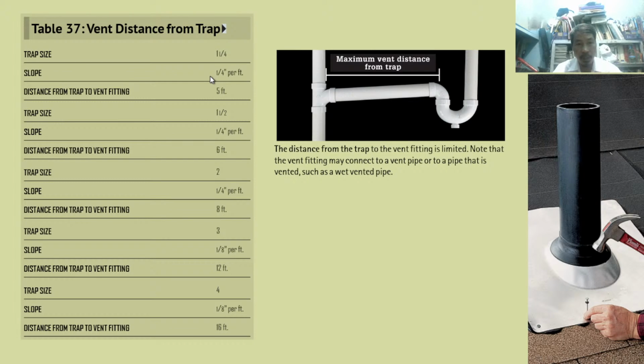So therefore you just multiply 5 times 1/4, so 1 and 1/4. Another trap size 1 and 1/2. Slope 1/4 for 6 feet. If you multiply 6 feet by 1/4, the answer is 1 and 1/2.